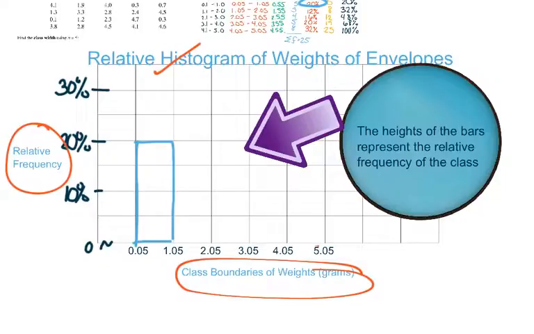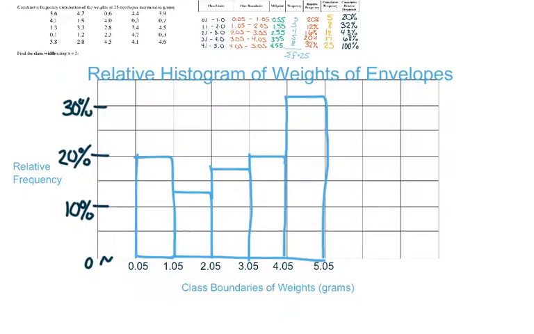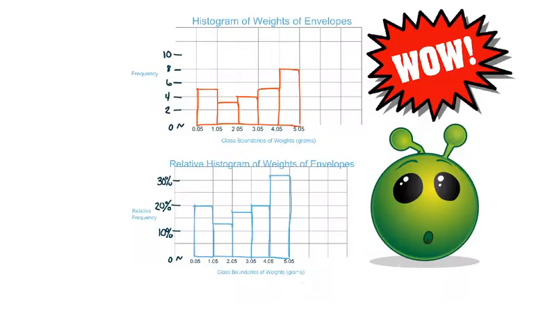So the heights of the bars represent the relative frequencies of the class. So in this first class, 20% of the values fell in between 0.1 and 1.0. And then 12% fell in the second class, and so on. We already calculated all of this information in that original crazy distribution in the beginning.